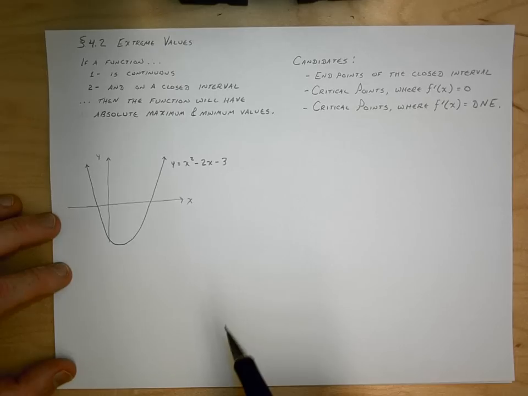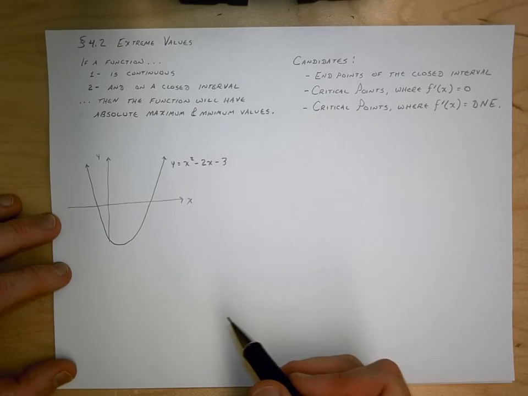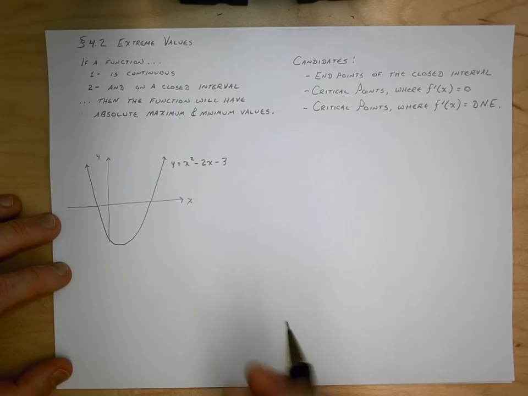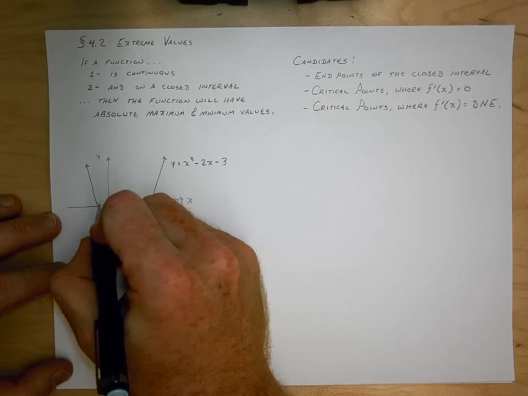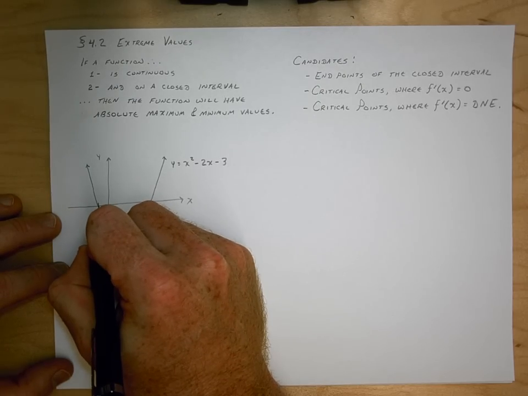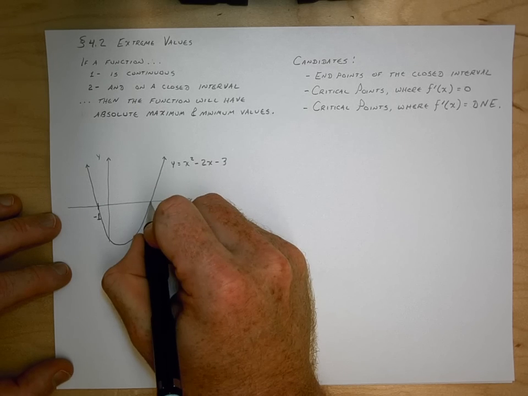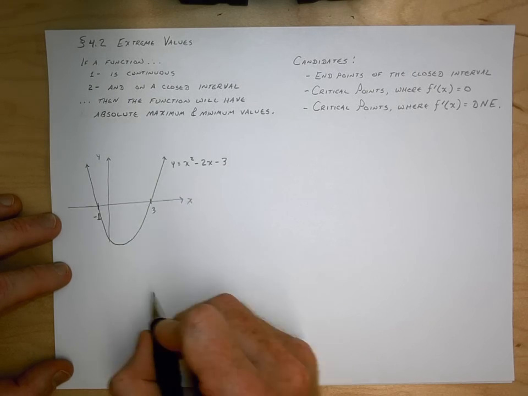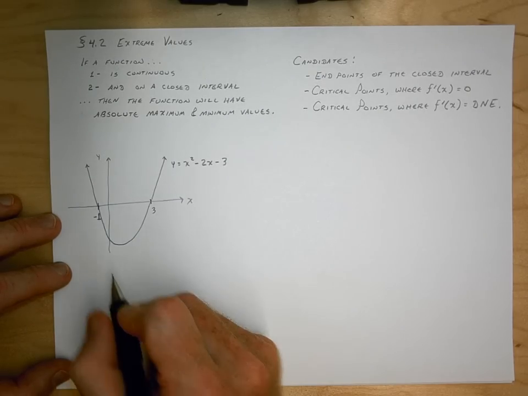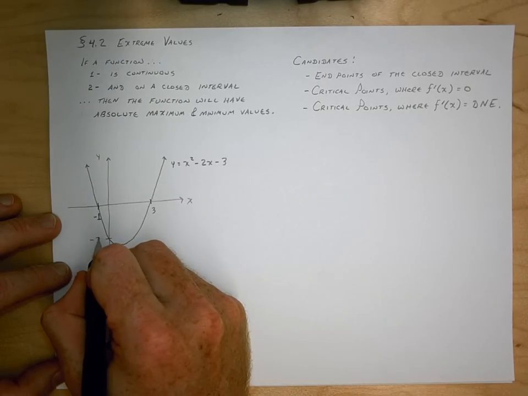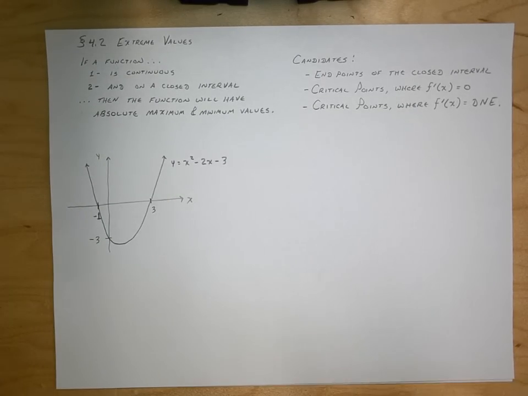And I picked a parabola just because this is a shape that we know reasonably well without doing any calculus, without doing any deeper analysis. We can figure out things like it crosses the x-axis at -1 and at +3. It's got a vertical intercept at -3. So we already know a lot about this curve just because it's a very simple curve.